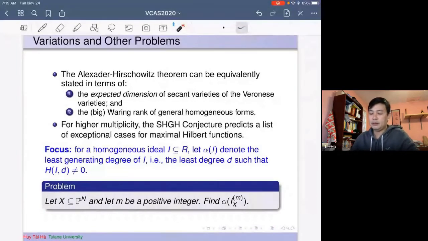There are a number of conjectures that I'm going to mention now about these values alpha of the m-th symbolic power of I_X.